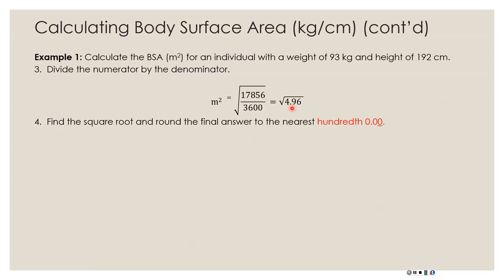But when we talk about body surface area, we want to round to the nearest hundredth so that we can increase our accuracy while we solve for a solution. So what you would do then is take the square root of 4.96, and that equals 2.227, and instead of just rounding to 2.2, we want to use 2.23.